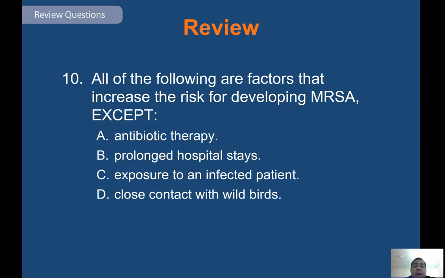All of the following are factors that increase the risk for developing MRSA except... Prolonged hospital stays, that's a risk for developing MRSA.